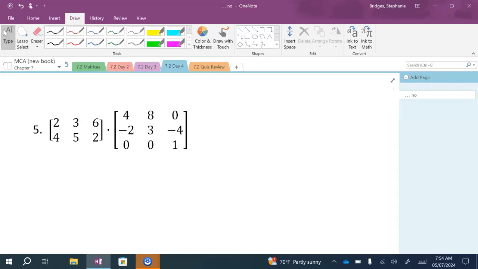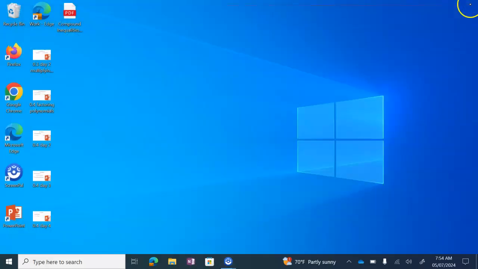All right, go ahead, do the sizes of each one to check and see if we can actually multiply.